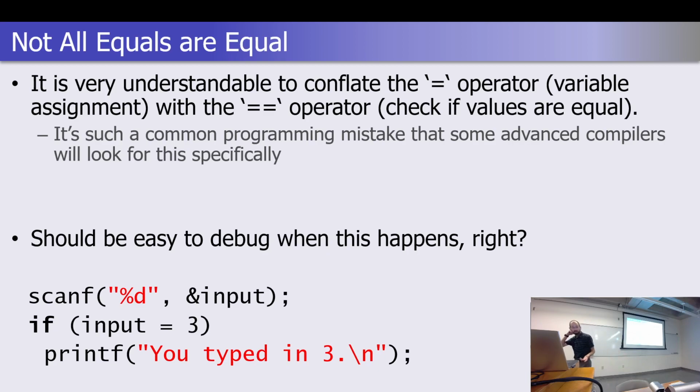What is the value of input? It is 3. What is our value of true? It's not technically 1. It's anything non-zero, right? So we assigned input to 3. We have a successful assignment here. That if statement is always going to evaluate to true, no matter what the actual value of input was before we executed that line of code.